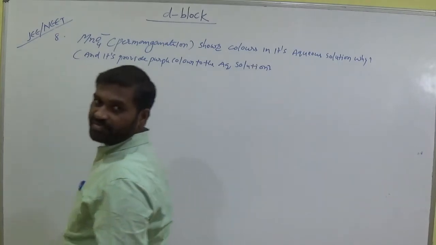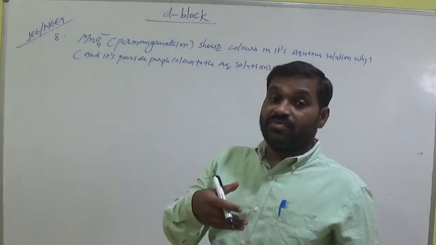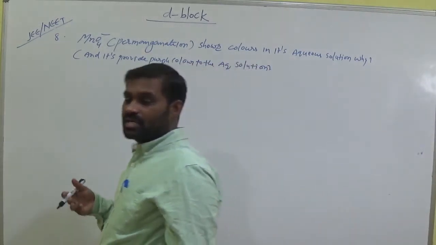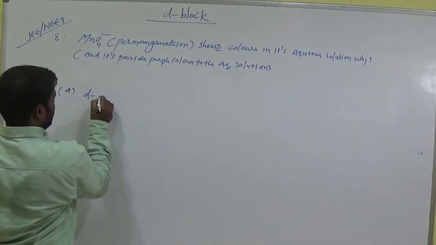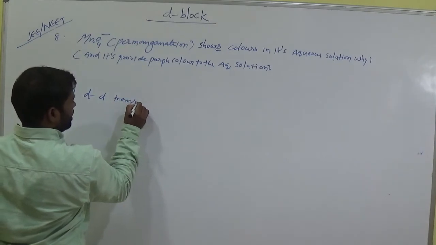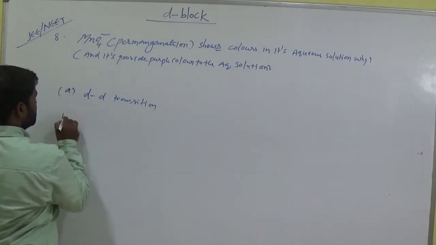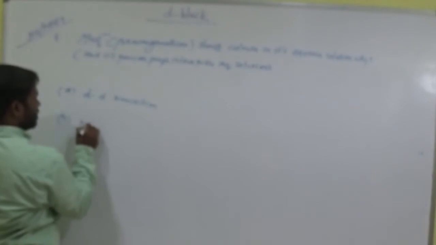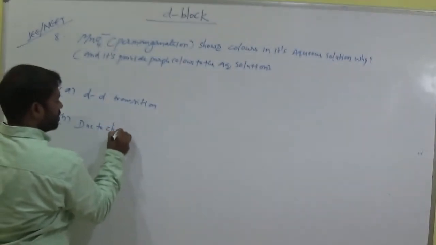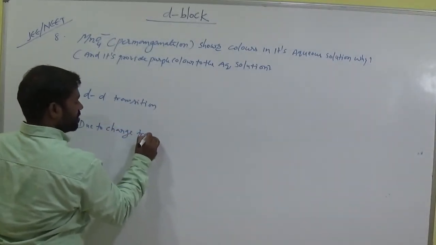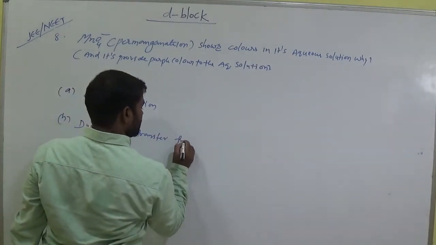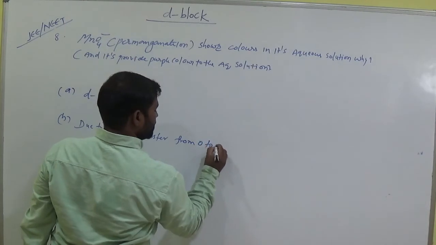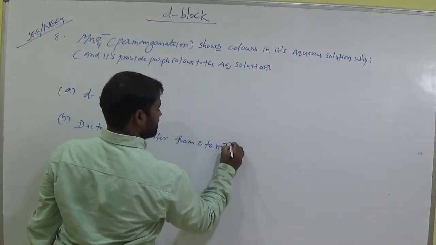Okay, important one. So MnO4 minus provides the color to aqueous solution. What is the reason? Option A, d-d transition. Option B, due to charge transfer from oxygen to manganese plus 7.